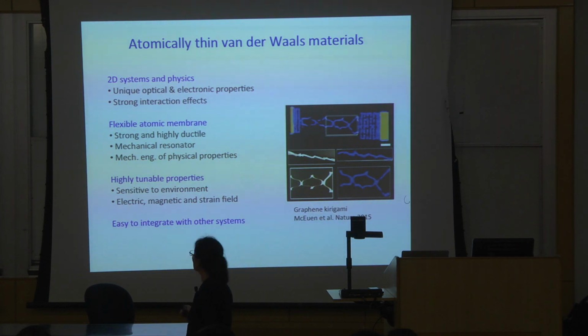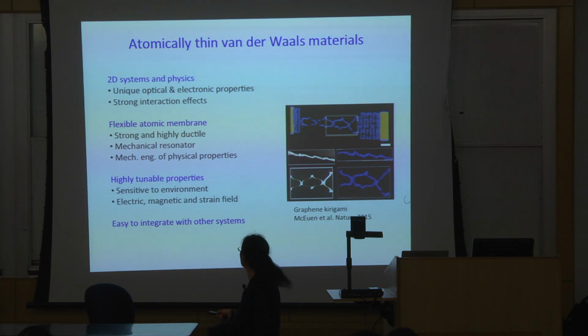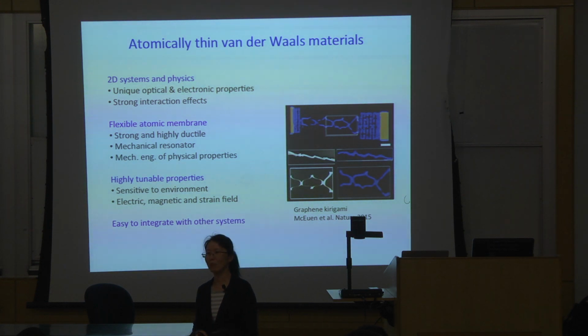So you can have very strong Coulomb interaction, and that gives you interesting interaction effects. Mechanically, they are very strong. For example, graphene, this is a picture from my colleague Paul McEuen, so they are applying the traditional Japanese paper cutting and folding tricks to graphene.